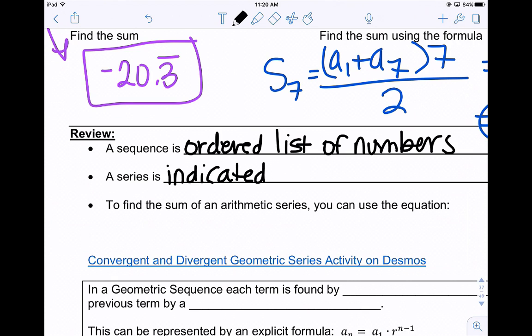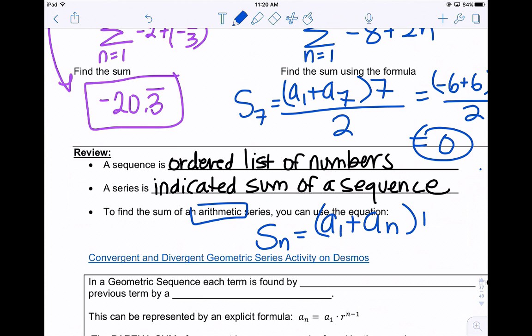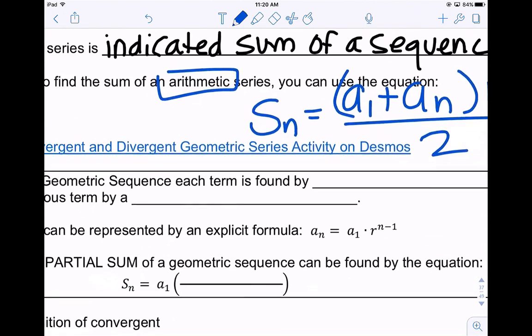That's indicated. Sum of your sequence. To find the sum of an arithmetic series, this is what we did yesterday, Gauss's formula. You can use this formula: first term plus last term times the number of terms divided by 2.